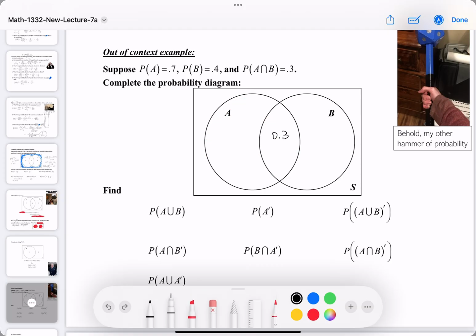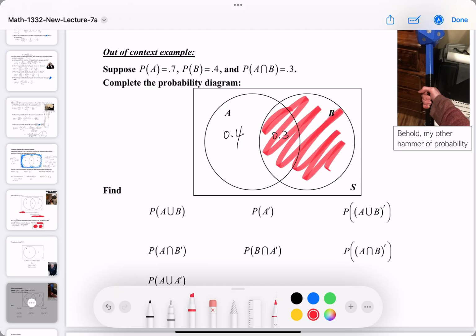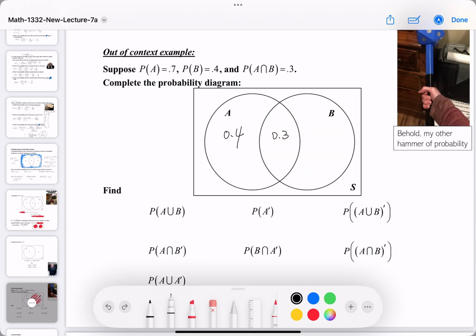That means the only A part is 0.7 minus 0.3. It is 0.4. So I'm going to put 0.4 here. And P of B is 0.4. So this section is 0.4 minus 0.3. It is 0.1. So let's put 0.1 here. And I'm curious about the complement. How about this section?